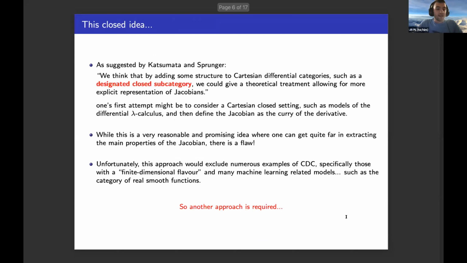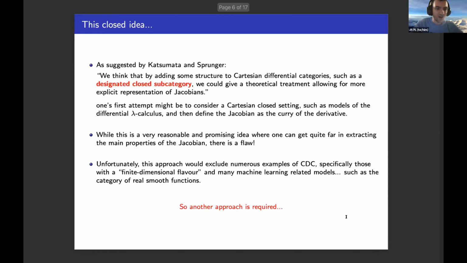So, as suggested by Katsumata and Sprunger, one's first attempt might actually be to consider the Cartesian closed setting. And this is a good idea because this would capture models of the differential lambda calculus, and you'd actually get reasonably far in just defining the Jacobian and working out the basic properties and so on.